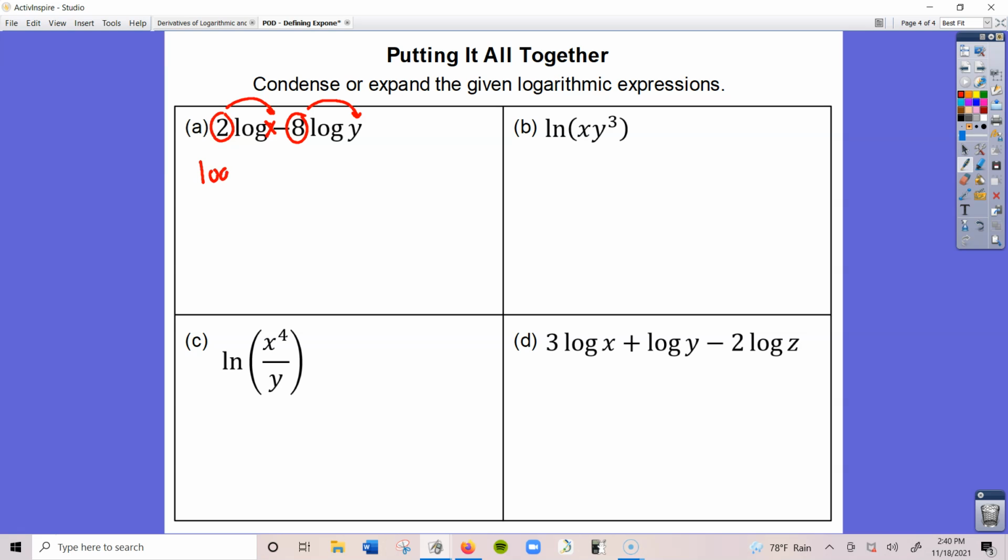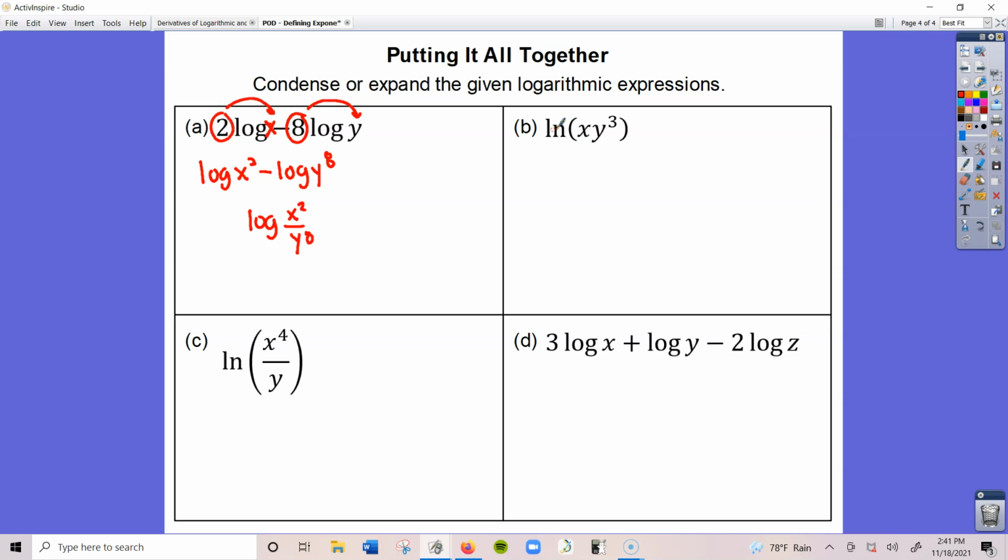So this would be log of x squared minus log of y to the 8th. Because this is subtraction, when I condense, and again, they both have the same base, since it's implied that it's 10, this is division. So log of x squared over y to the 8th.